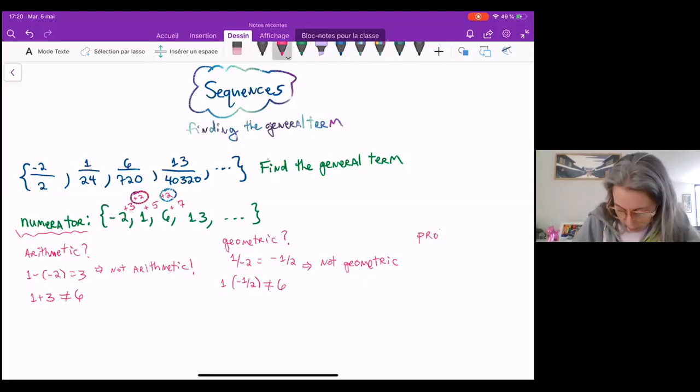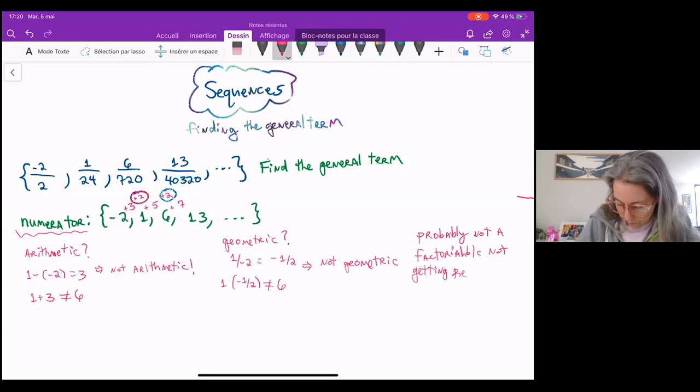So I'm just going to note the things that we said. This is probably not a factorial, because it's not getting really big really fast. But then we said that the increase is increasing by 2.